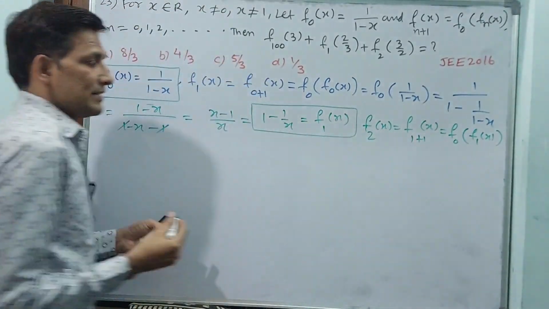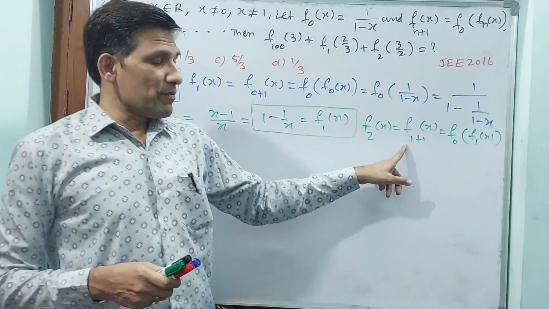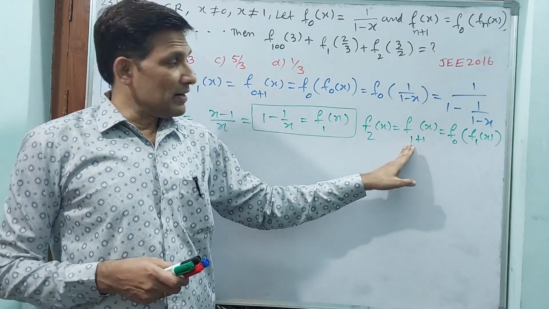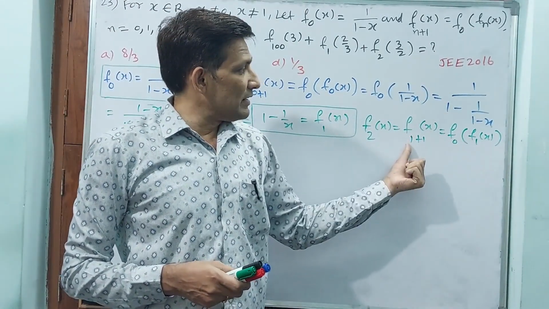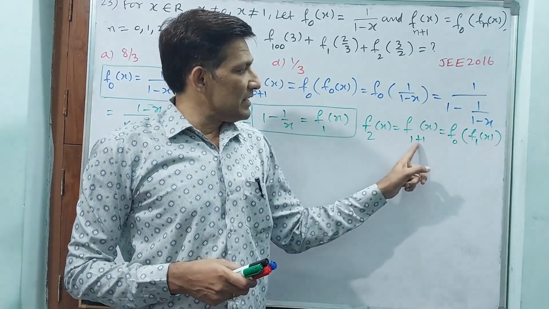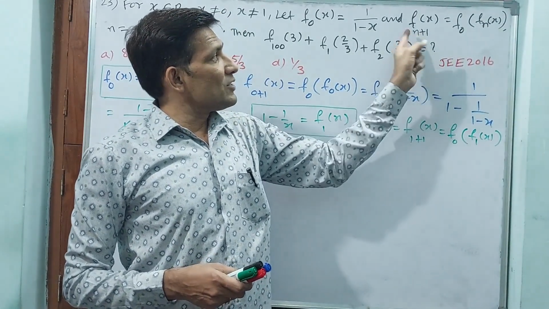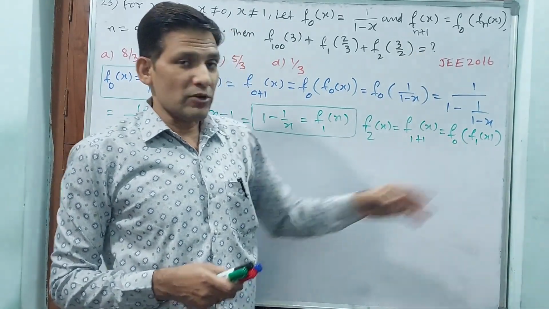Understand this logic? Okay, don't confuse here. What we have written, 2 we have replaced with 1 plus 1, n plus 1, n we have taken as 1. Inside, n we have to take, that is why I have taken n as 1, but if you write plus 1 it automatically becomes 2. But here nothing is there, 0 is not there, even then f of 0 has come. That is why f0 of f1 of x we have to write.